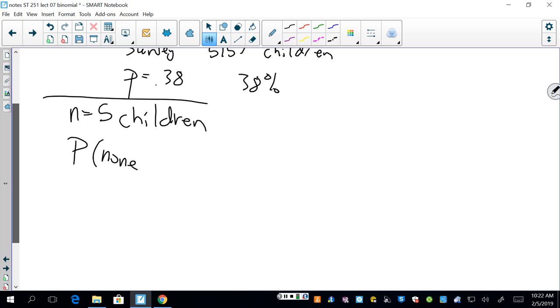How would 5 children that we might select not be independent of one another? Yeah. They're in the same household. The same household, the parents are doing the same thing to all the kids, right? So these would be maybe 5 children in unrelated households. So none use too much toothpaste.